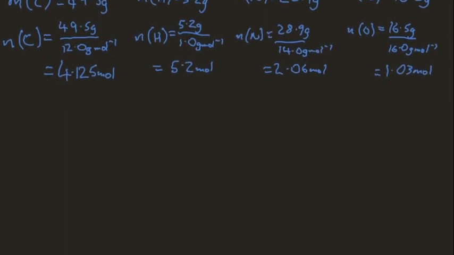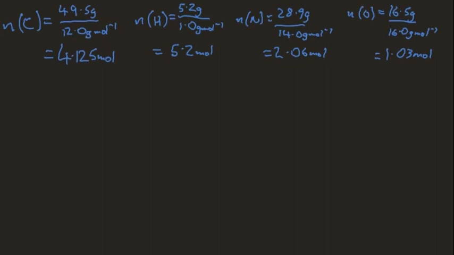We've now worked out the number of moles we have of all four elements in caffeine. Now remember, the empirical formula is basically a ratio of atoms in the compound. So what we need to do now is take these numbers of moles, and we want to use them to figure out what the ratio of elements is.